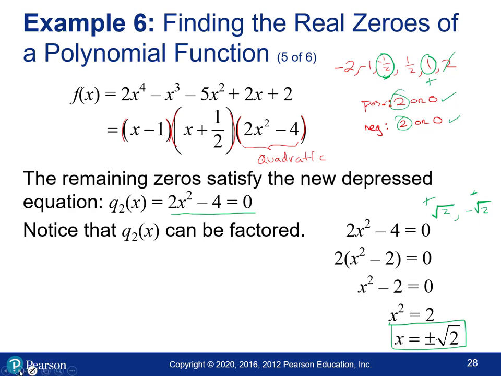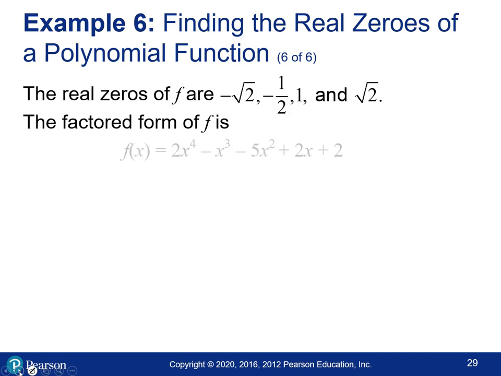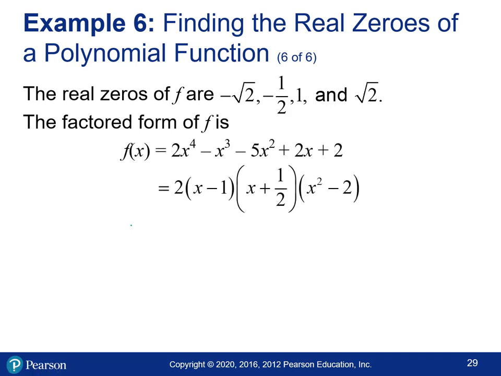But that's okay. You just try numbers from the list until you get to a quadratic equation that you can work out. And so the real zeros of our function are in order: negative square root 2, negative 1/2, 1, and square root 2. And so to factor that, we have just the following. We can factor the last factor that we had, the 2x squared minus 4. Just go ahead and factor out the 2.